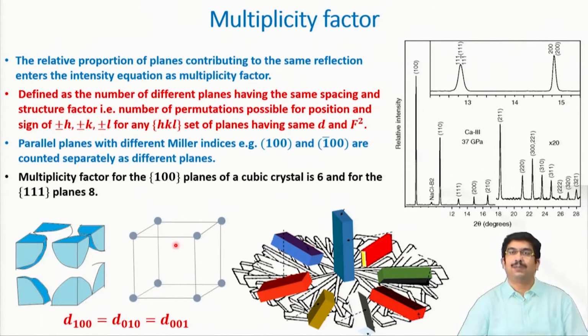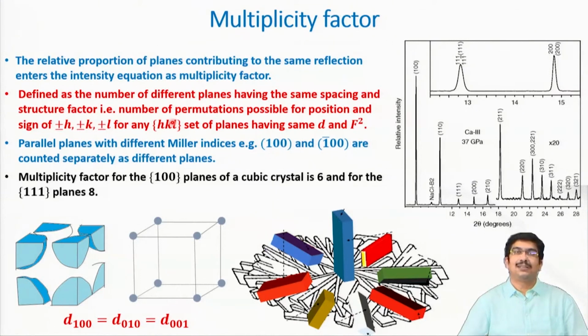I believe everyone knows the difference between a type of planes and a specific plane. The curly bracket around HKL means the type of planes, a combination of many planes which are possible with permutations and combinations of these numbers, especially for the cubic system, I am not talking about other complex systems.